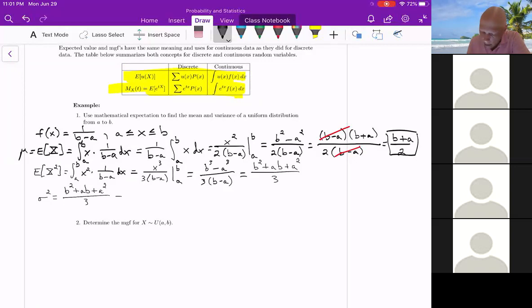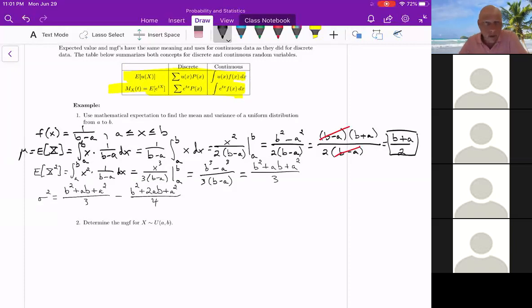And the mean is b plus a over 2, but we're going to square that. So that's going to be b squared plus 2ab plus a squared over 4. Now I know I jumped ahead to squaring that in my head, but if you're not going to remember that, in your notes please write down where that term came from. That is b plus a over 2, quantity squared.